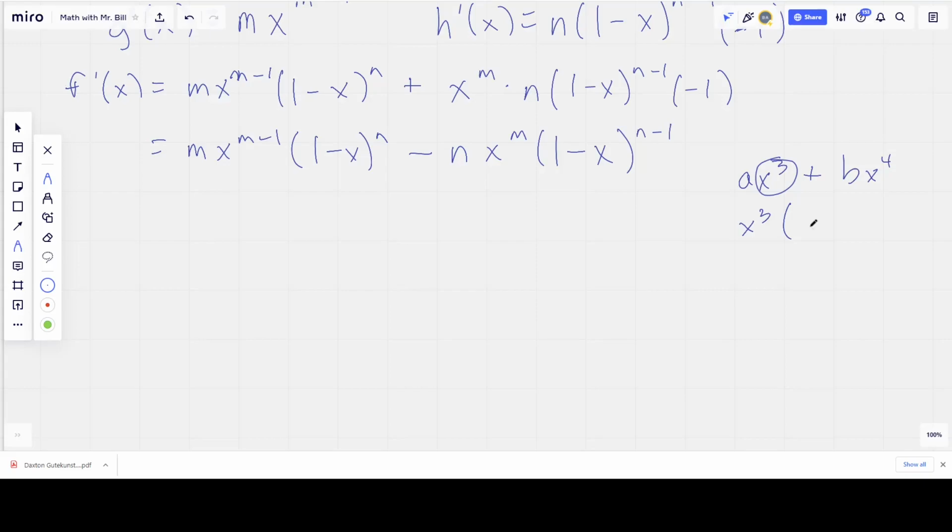Okay, so what I want now is I want to figure out where this expression is equal to 0. Well, if I look at each factor individually, I need x to the m minus 1 to equal 0. I need 1 minus x to the n minus 1 to equal 0. And then I also need, for that last term, m times 1 minus x minus nx.